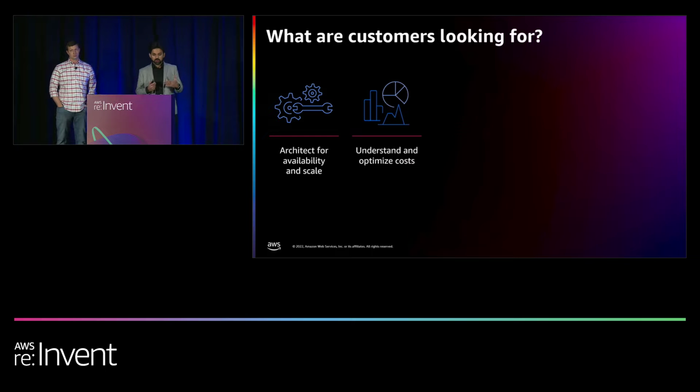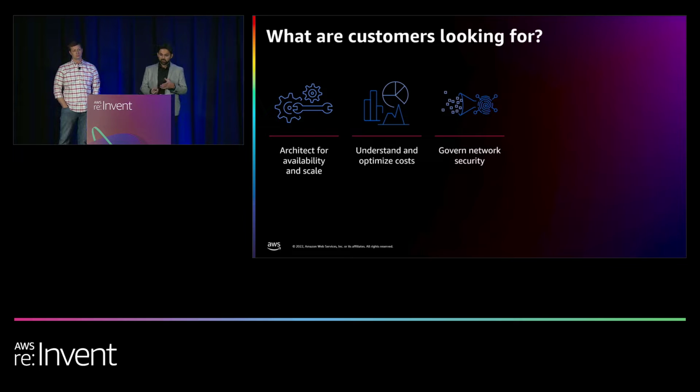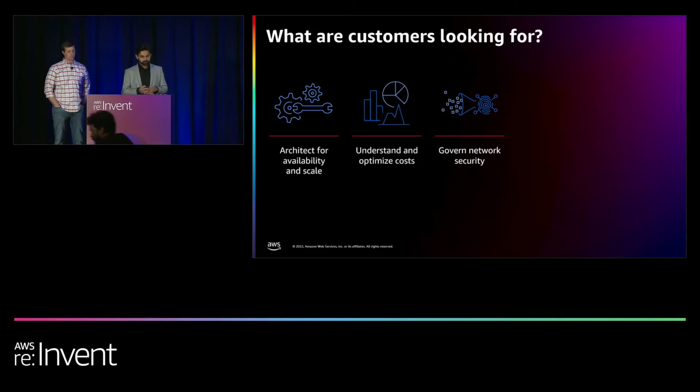We are also hearing from our customers that they want the ability to understand the network costs and also identify areas to improve their network architecture and design to optimize those costs. And then we are also hearing from customers that they need better network observability so that they can surface security issues, identify any anomalous traffic patterns, block them, and overall better govern their network security.